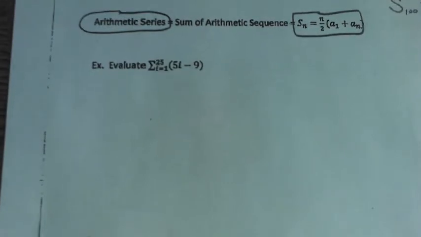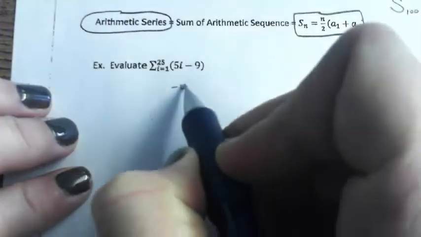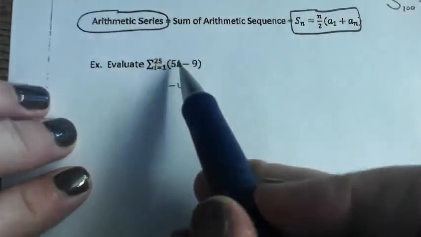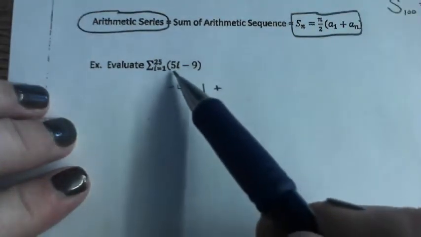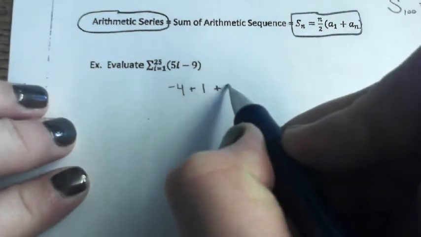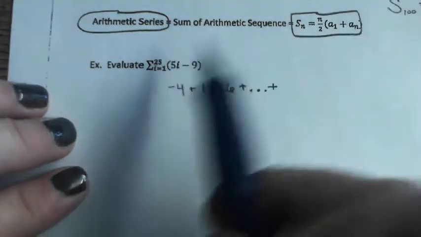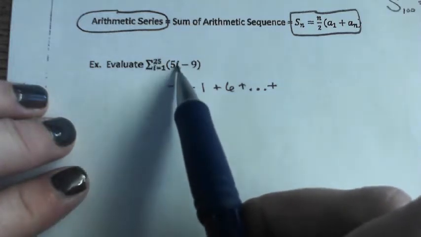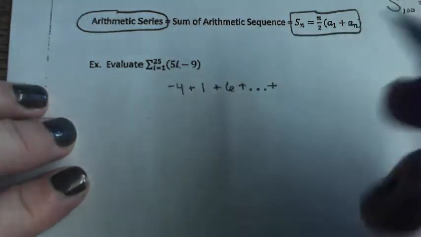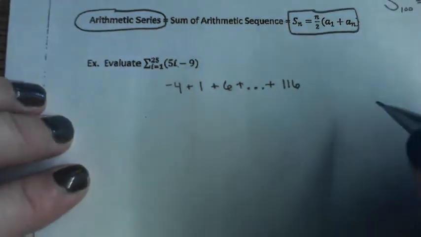If we just look at the first couple terms, if you plug in a 1, you get -4. Plus you plug in a 2, you get 1. Plus you plug in a 3, you get 15 minus 9, which is 6. Plus ... plus all the way up to when you plug in a 25, you're going to get 125 minus 9, which is 116. And we essentially want to add all those up.